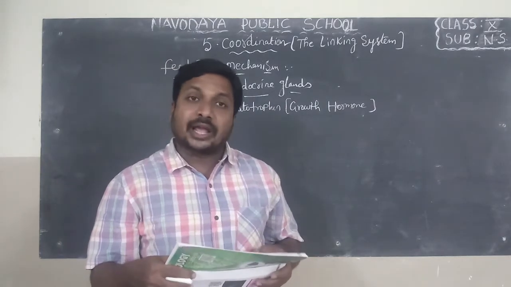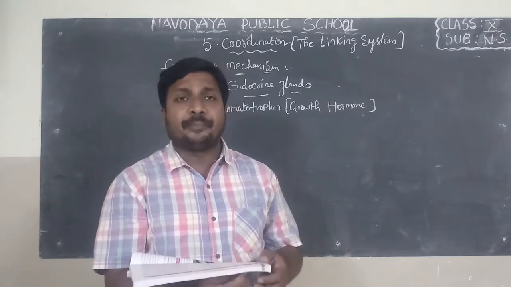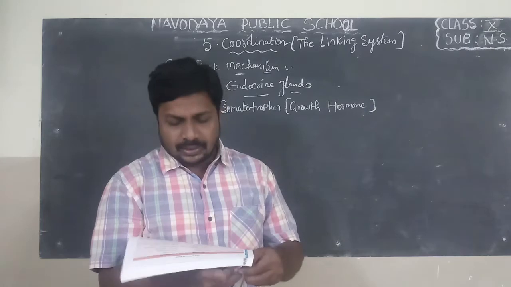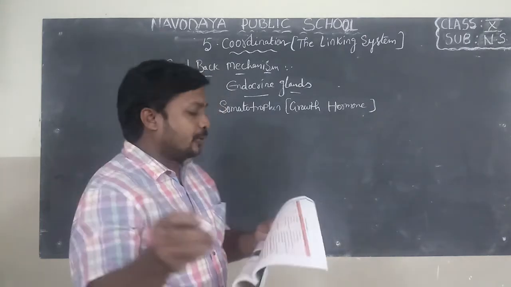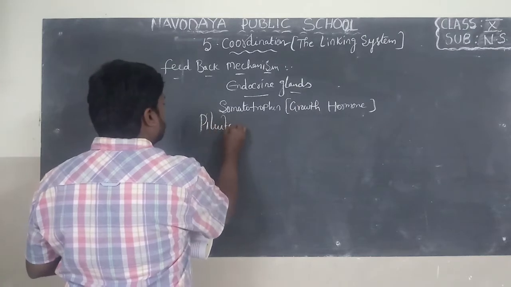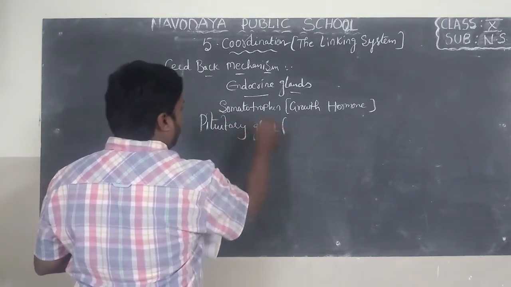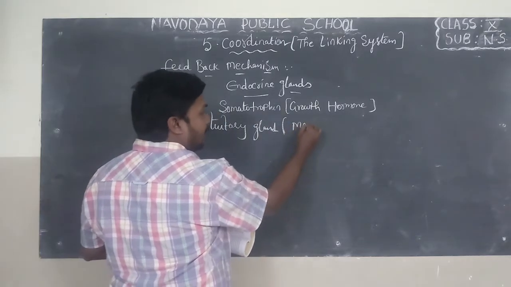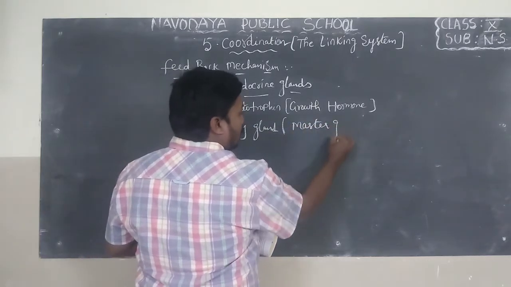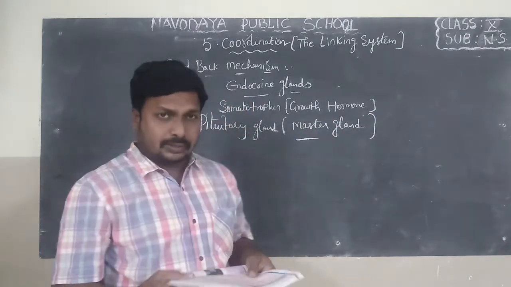Next one is thyrotropin, a hormone released from the pituitary gland. In pituitary gland, within brackets you have to write master gland. Why is the pituitary gland called the master gland?